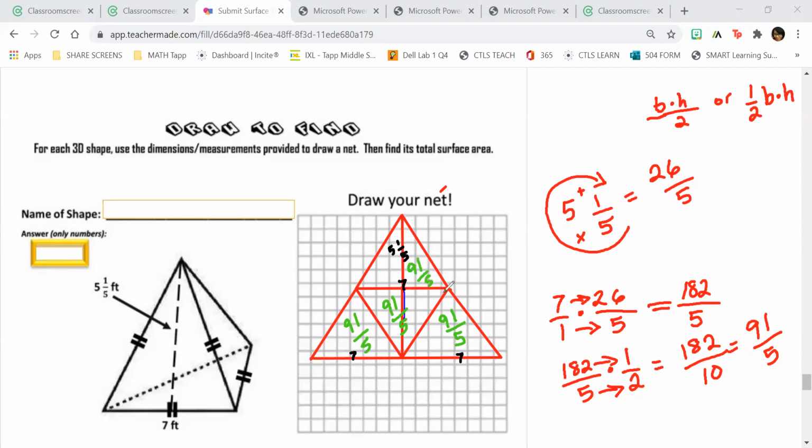So in order to calculate that easily, I'm going to simply say 91 over 5 times 4 of the triangles and multiply straight across. So 91 times 4 is 364. And 5 times 1 is 5. All right. So 364 over 5 will be all of this all together.